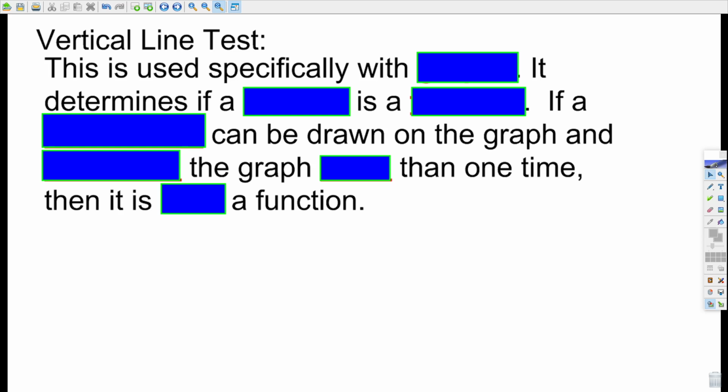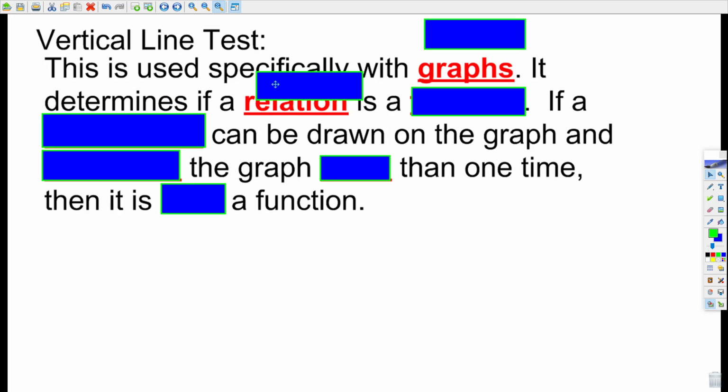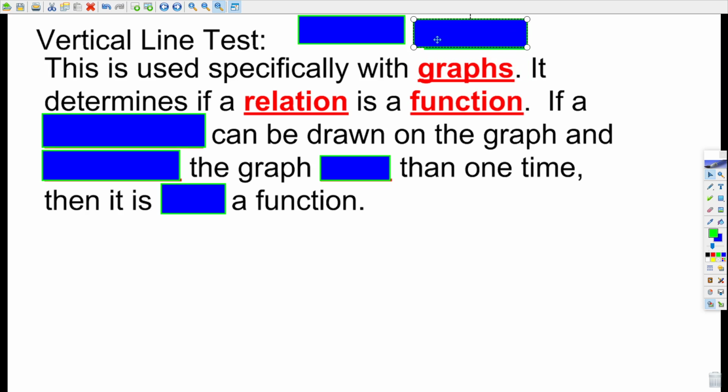Vertical line test. Maybe you've seen and done this before. This is specifically used with graphs. The way we just did it was with ordered pairs and testing whether or not the x values repeat. The vertical line test is with graphs. This determines if, when you have a relation, it actually is a function. So hopefully you understand what the vertical line test is. Hopefully you used it before.